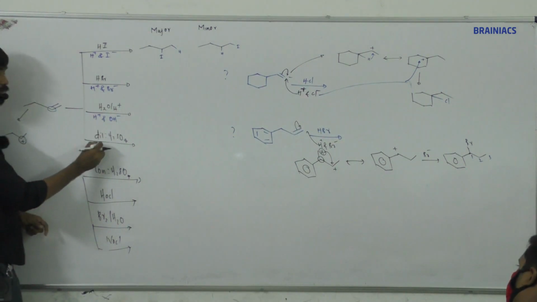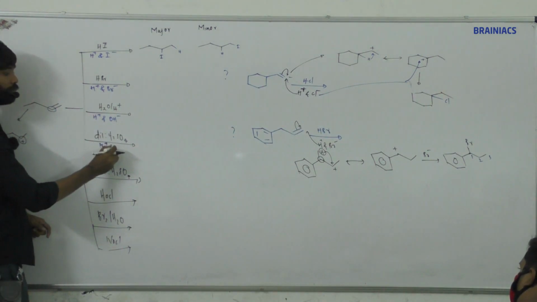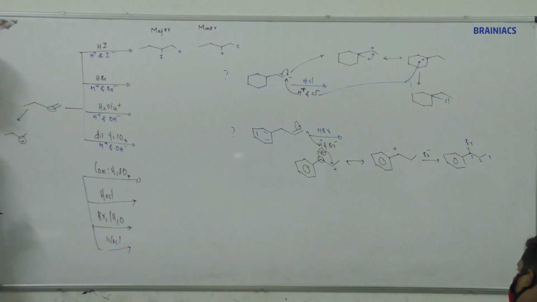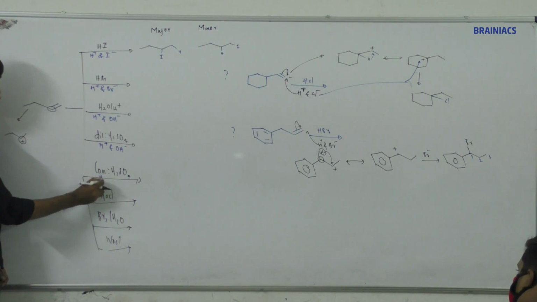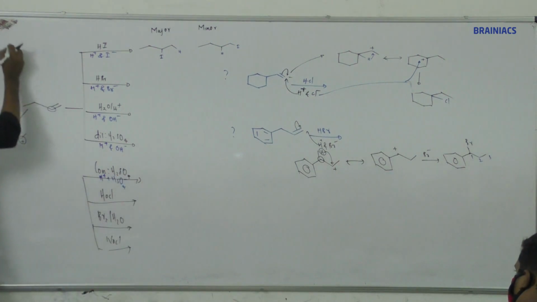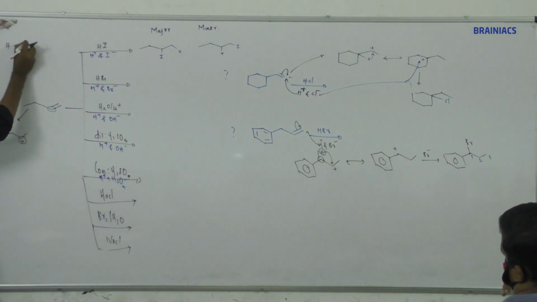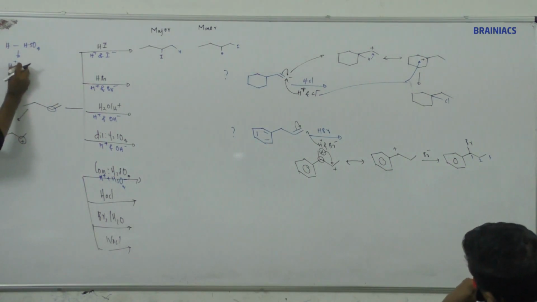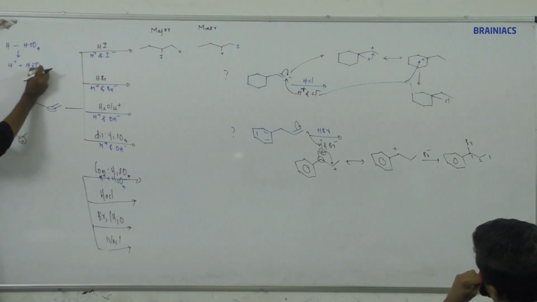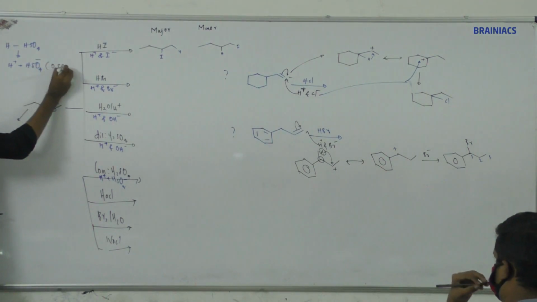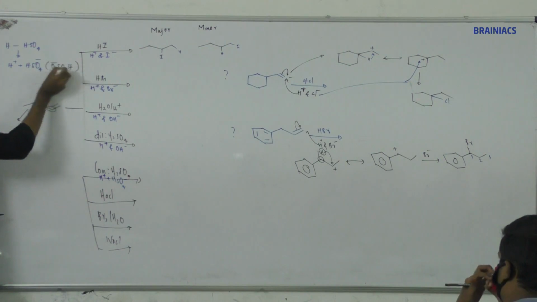So the very same product is obtained, H plus and OH minus. But if it is concentrated sulfuric acid, it will be H plus and HSO4 minus. What about the polarization? In HSO4 minus, the negative charge is actually on oxygen. So you have to write OSO3H.